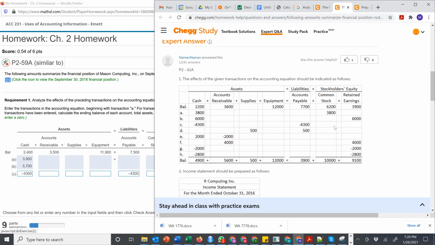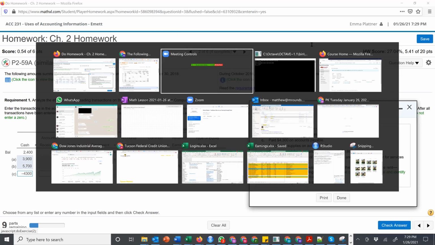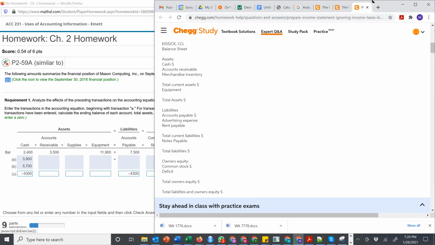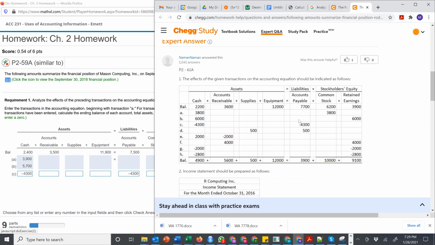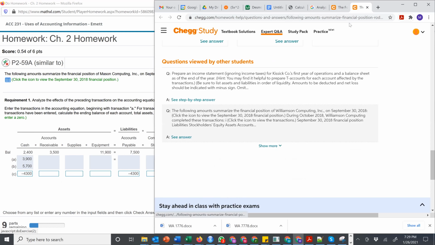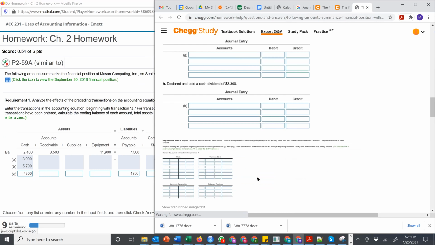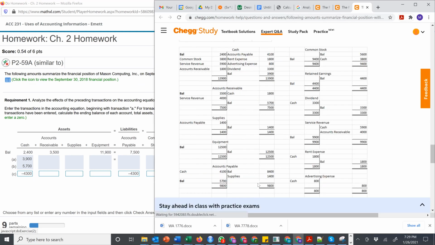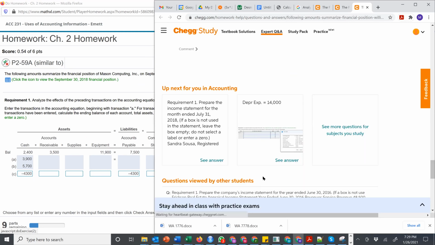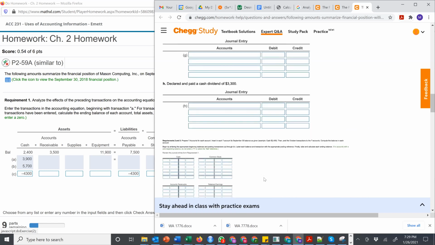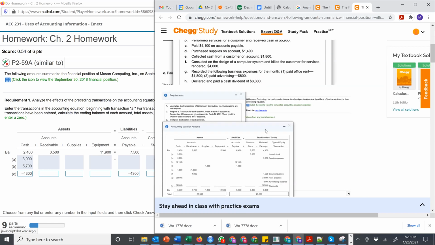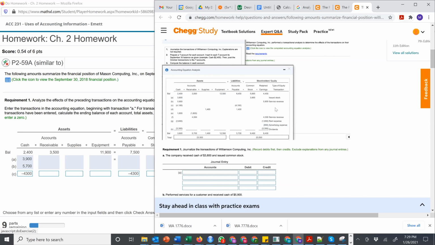So they did put negatives in there. I don't know what to tell you here. Okay. So it seems like it's blank.